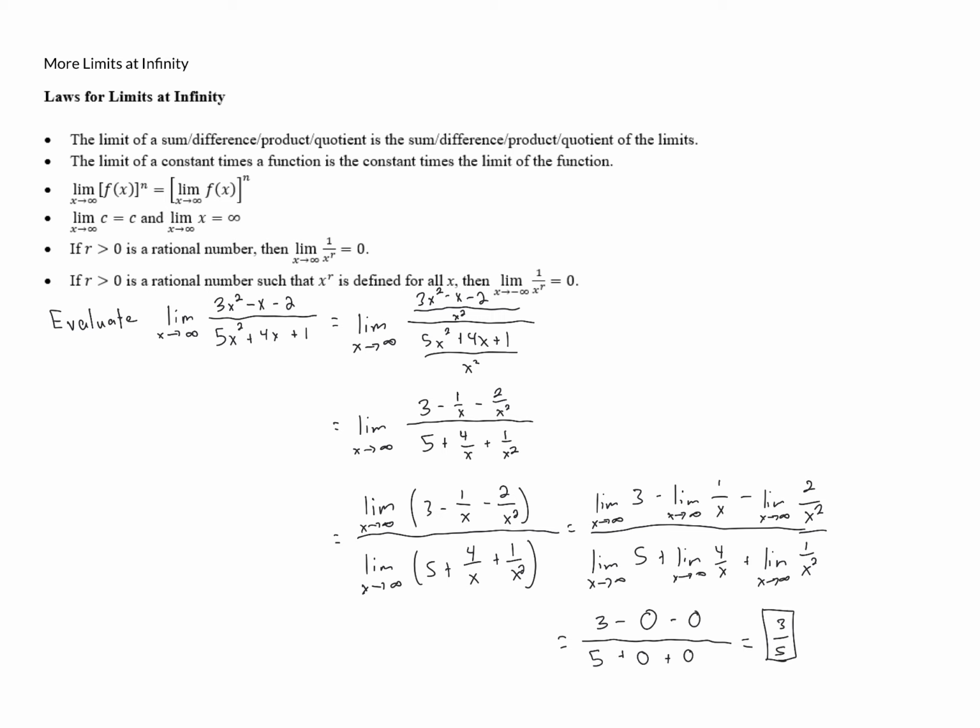Basically, our strategy is that when we're looking at the limit of a rational function as x approaches infinity, we want to take the largest power of x that occurs in the denominator and divide the top and bottom by that power of x.